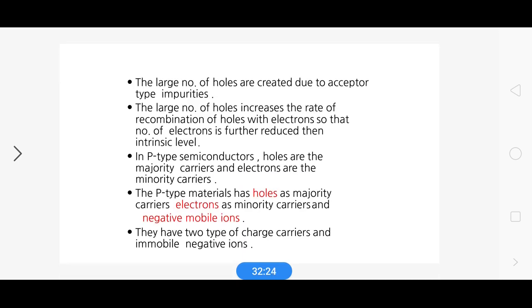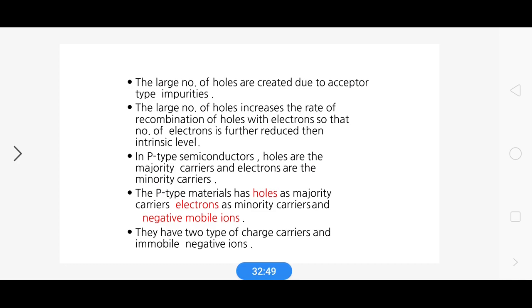So a large number of holes are created due to the acceptor type impurity. Means for every impurity atom added, one hole is generated. So a large number of holes are created due to this acceptor type impurity. Means it is accepting the electron.